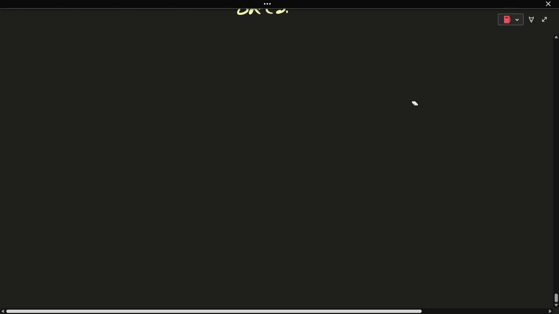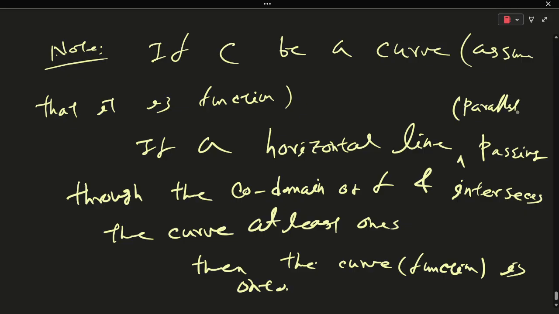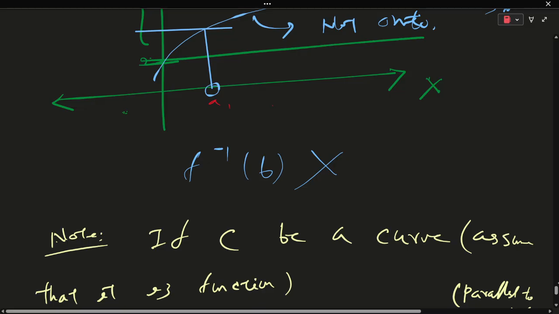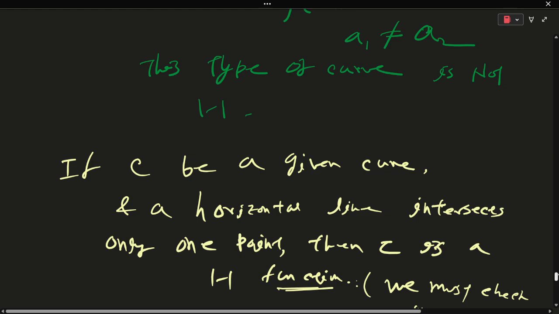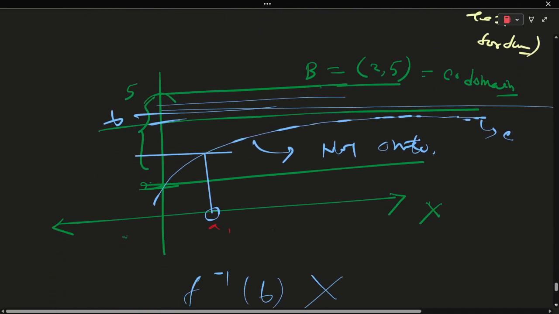So add this here also: horizontal, parallel to the x-axis, for these functions.